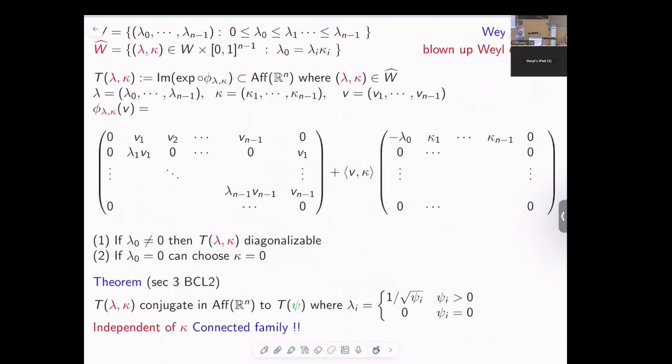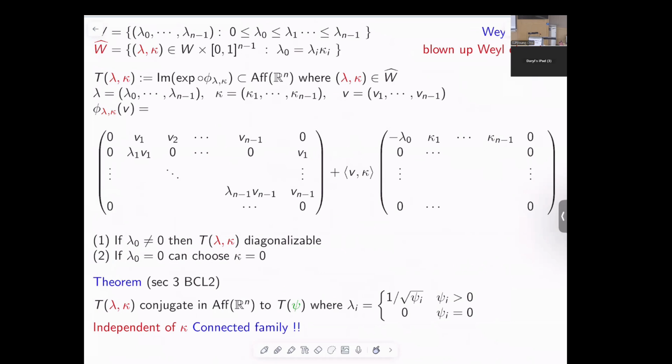The other groups where the lambda 0 is 0, you're free to choose kappa to be 0. And when you choose kappa to be 0, this term isn't here.